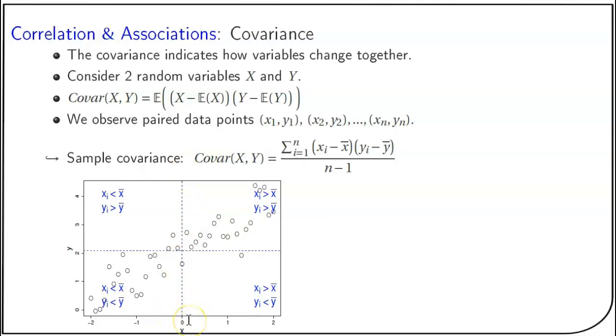For this data set, the average value of x is 0. Similarly, we compute the average value of the y's, and we draw a horizontal line going through that average value. For this data, the average value of y is very close to 2.